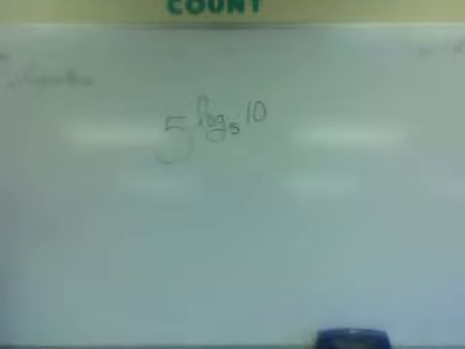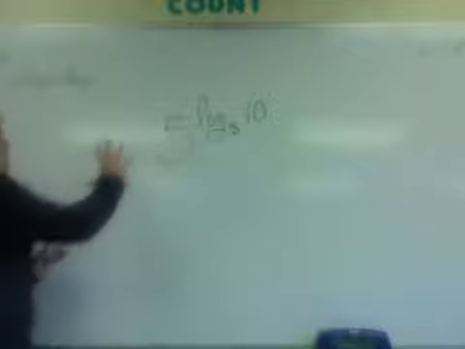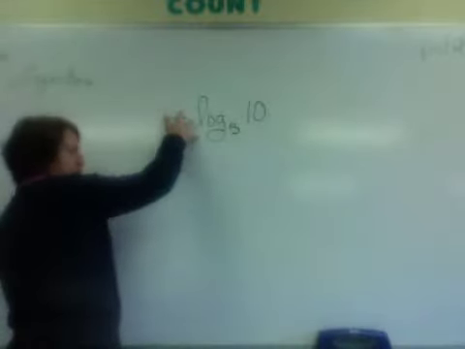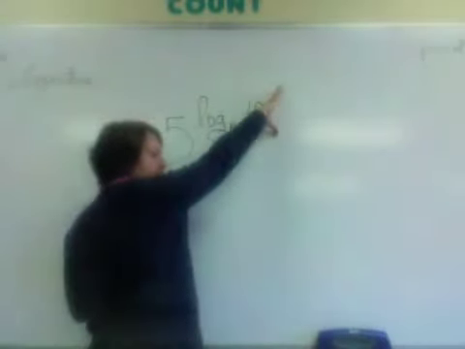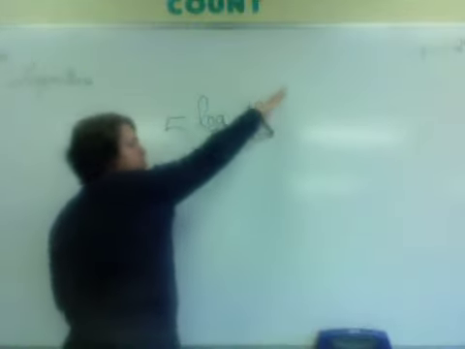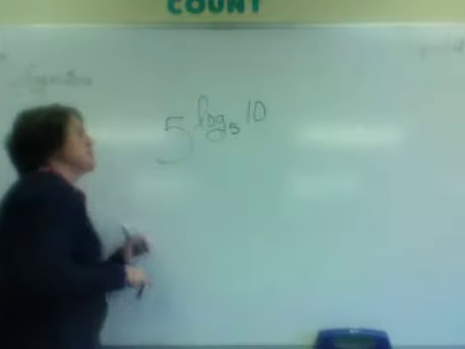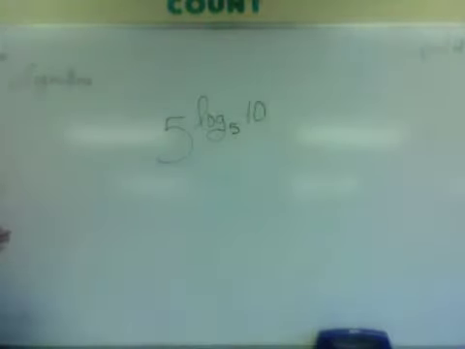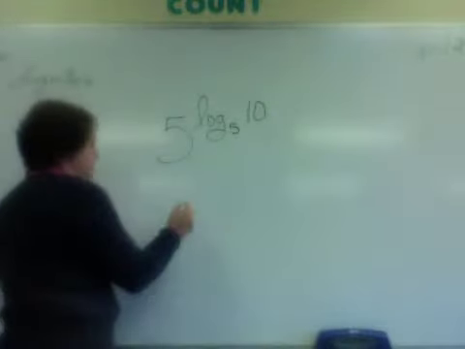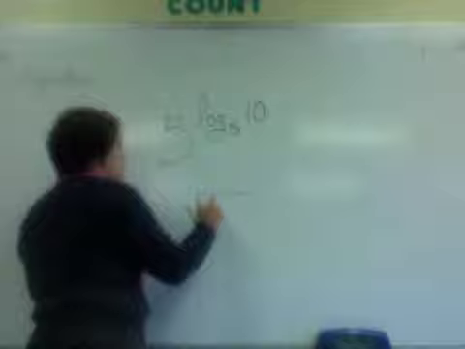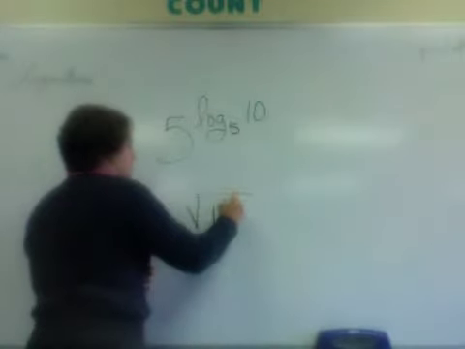Okay, let's break this down real carefully. Okay, this is a base raised to an exponent, correct? And in the exponent, I've got a base. These are inverse operations of each other, sort of like the square root of 10 squared.